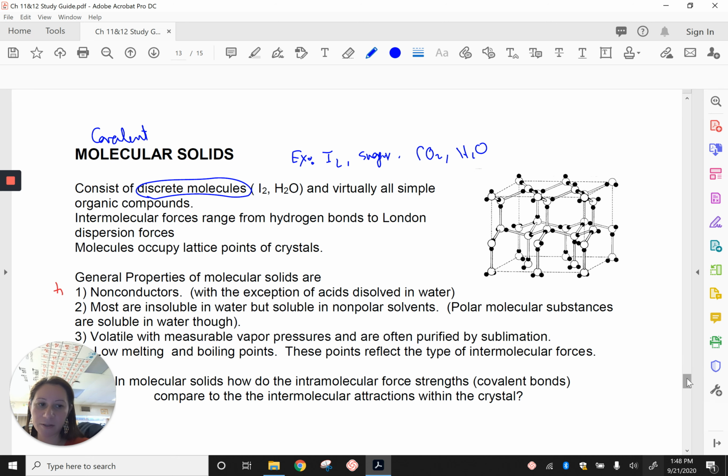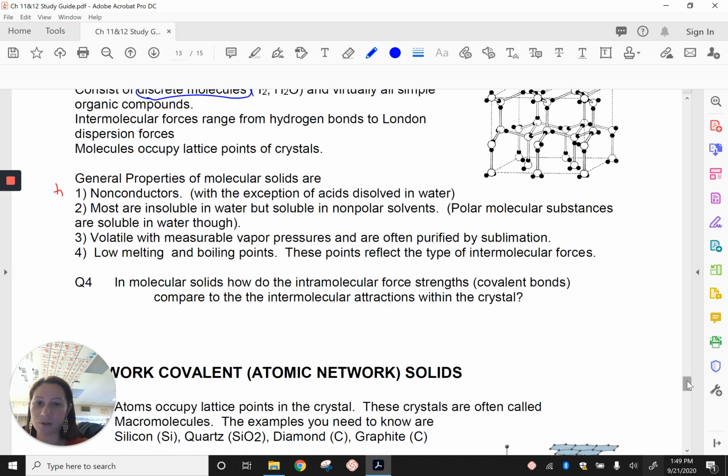Some properties for molecular substances: they are non-conductors with the exception of acids when they're dissolved in water. So something magical happens when you put an acid in water, even though it's molecular. It ionizes and you do get conduction, but that does not happen with other molecular substances.